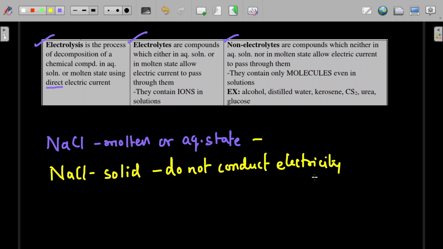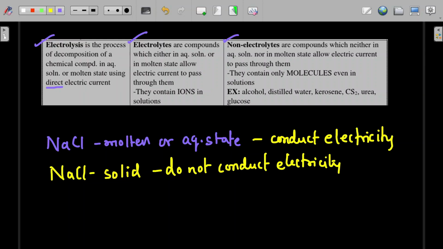Okay. Why does it conduct in molten or aqueous state? So to conduct electricity, we need charged particles, and the charged particles should be able to move. So there are two things: the electrons or the ions.